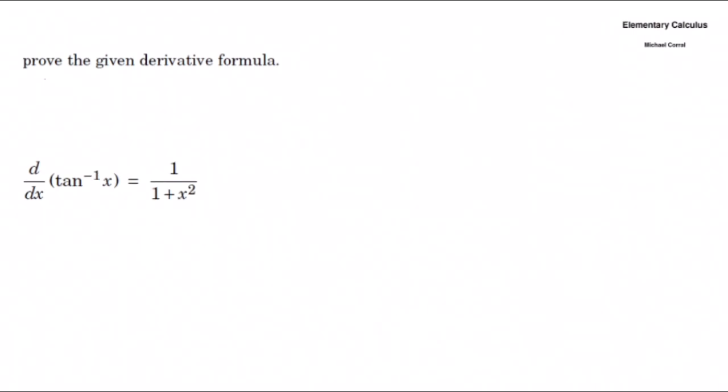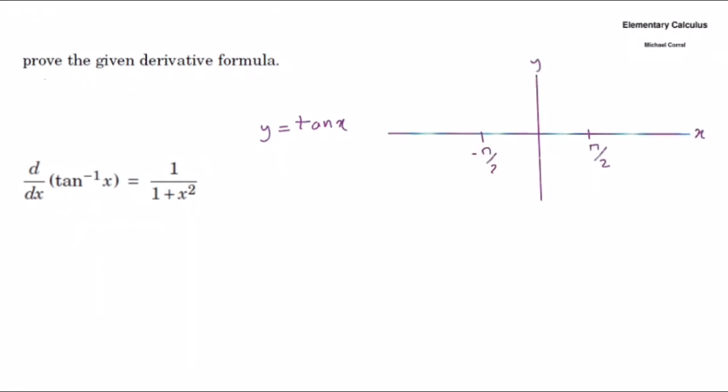And we know that the function of tangent x has a graph like this, and actually y equals sine x over cosine x. So the graph for tangent x is like this.